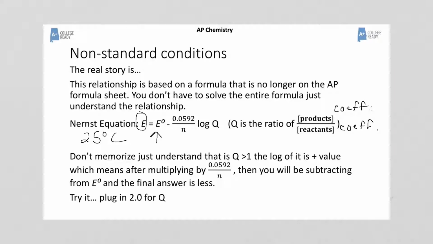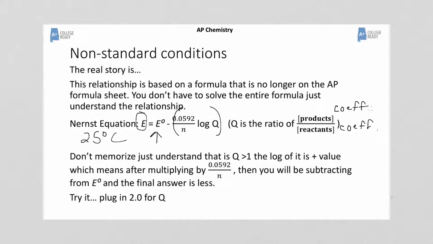So what I was saying was, if Q is greater than 1, and you take the log, that's the logarithm button on your calculator, the log of a number greater than 1 is a positive number. Then when you multiply times 0.0592 and divide by the number of moles, that's a subtraction. So if you've gotten the log of Q as a positive number, no matter what math you're doing, you're going to be subtracting this whole term from the standard cell potential.